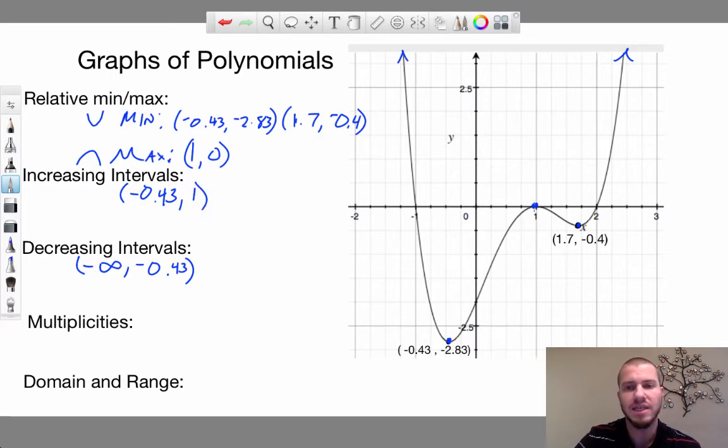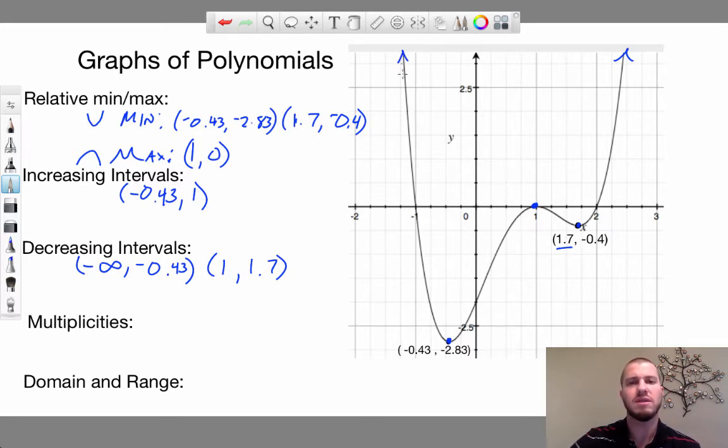And then it's going to decrease again. It's going to be going down again. So it's going from 1 to where x is 1.7, where it decreases.